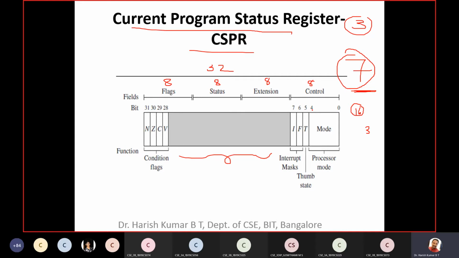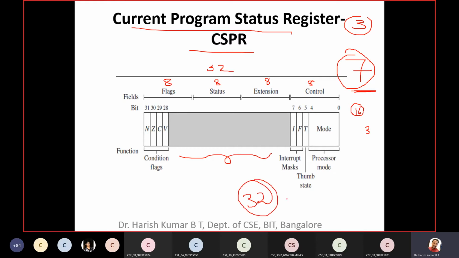how many ones? 5 bits, right? So 5 bits means how many modes it can operate? If it is 4 ones, 16 modes. So now 32 modes it can operate. You can make this ARM controller operate up to 32 different modes.